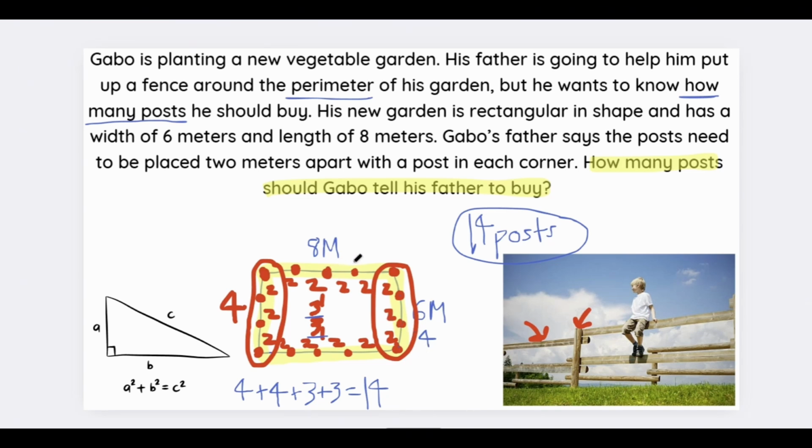It's 8 meters on this side, so 2, 2, 2, 2 is equal to 8. Yep, it looks good. So 14 posts would be your answer to that problem. And that's how you use draw a picture or diagram. So that's all, and thank you.